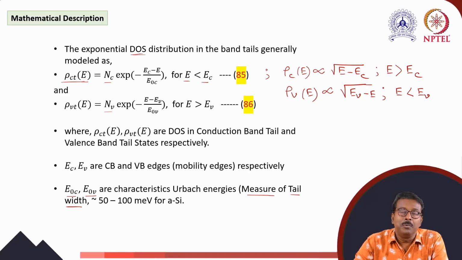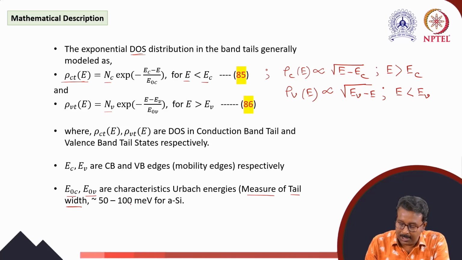Even if you develop it with the same recipe in a particular machine, it may vary from time to time because the structural disorder cannot be the same every time you deposit that material. So that's why there is a range of 50 to 100 milli electron volt.